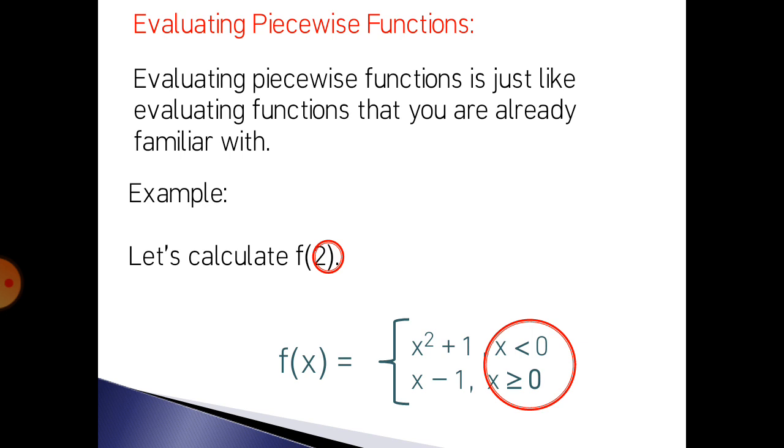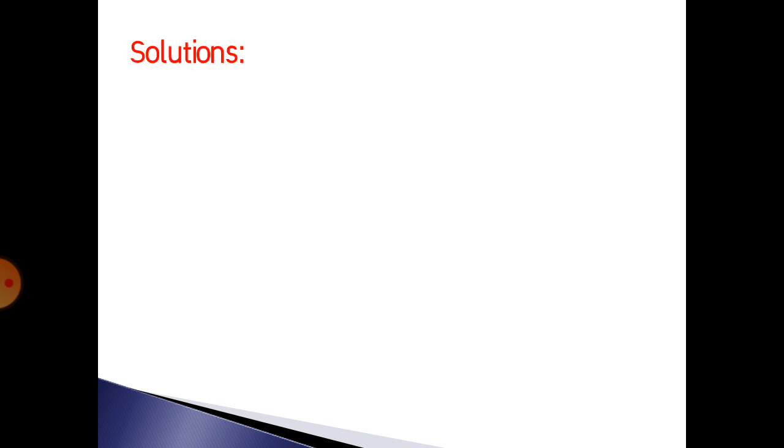So, anong gagamitin kaya natin ditong equation? Yung x squared plus 1 ba o yung x less 1? So, ang gagamitin natin is yung x less 1. Kasi yung x is 2, mas malaki yung x compared dun sa 0. So, ang gagamitin nating equation is yung x less 1.